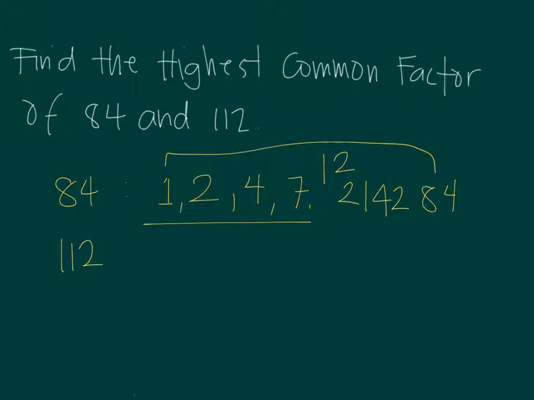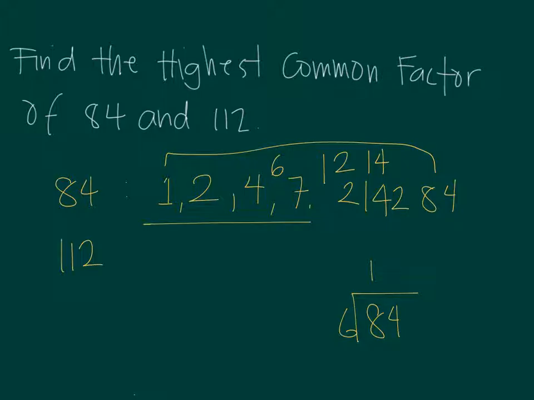Is 8 a factor of 84? No. 6 is a factor of 84, so we divide by 6. That's 14. So 6 and 14.